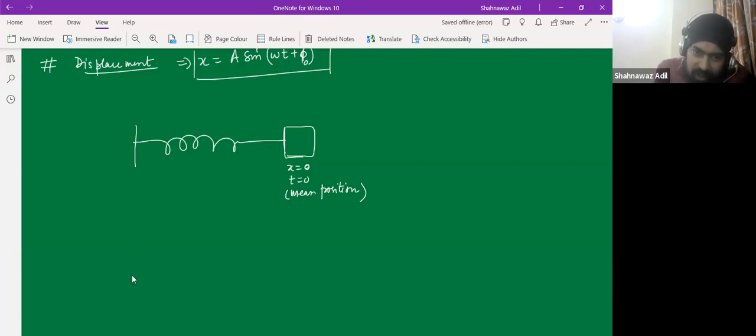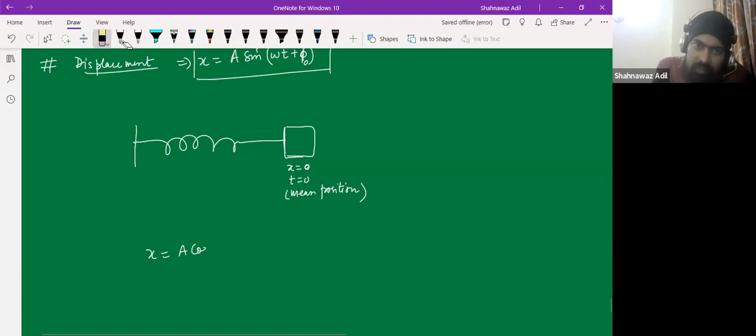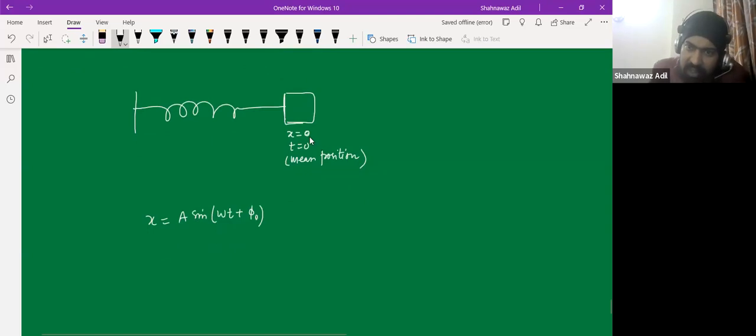So x is a sine omega t plus phi, and we use this condition: at t equal to 0, x is 0.